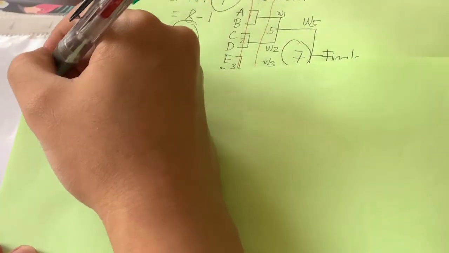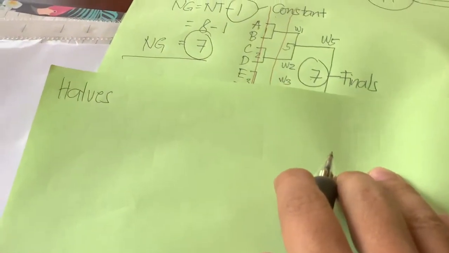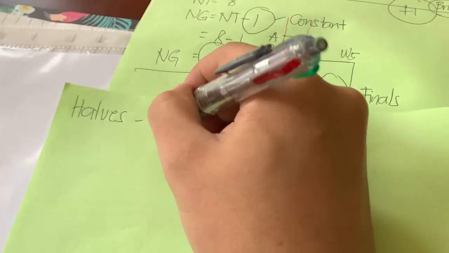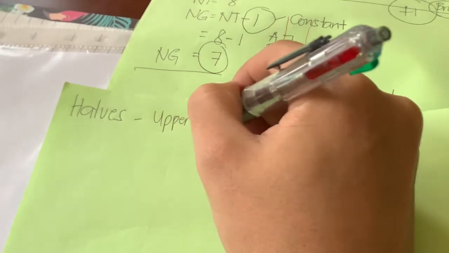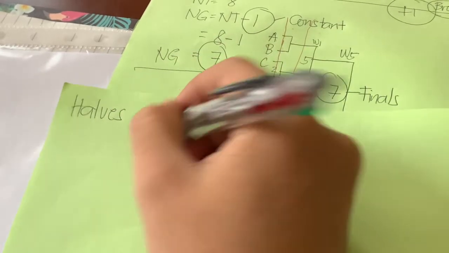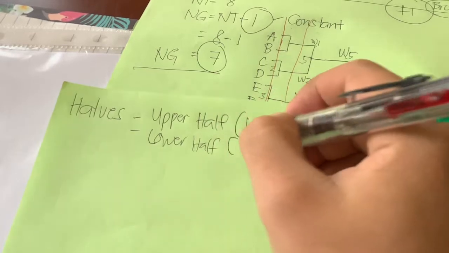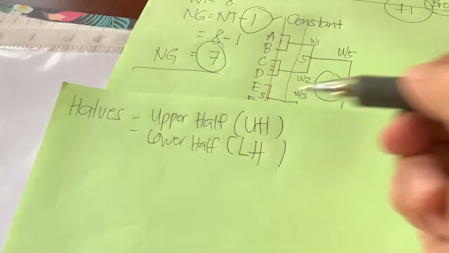Next, in knockout system, we are following two halves. We are following the upper half, or I shall say UH, and the lower half, LH.